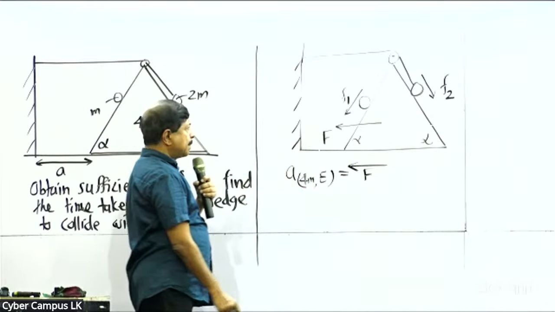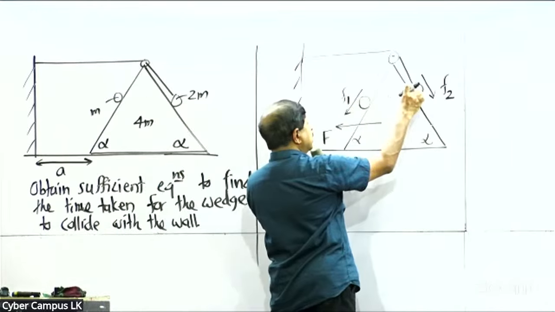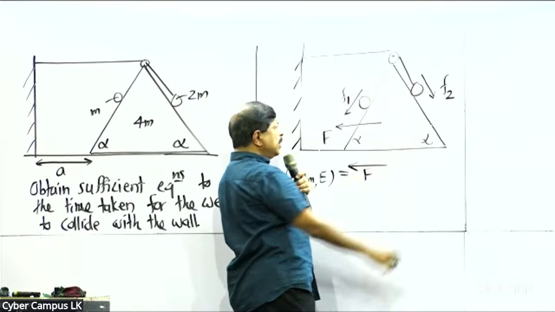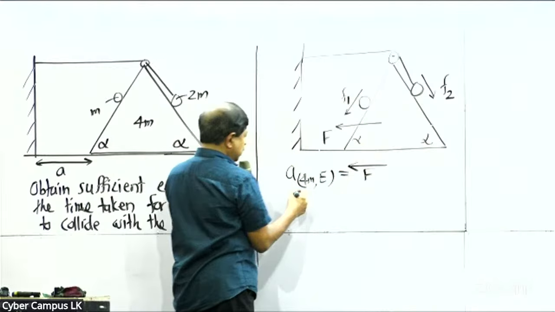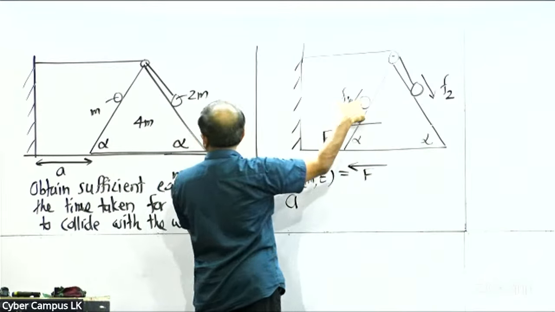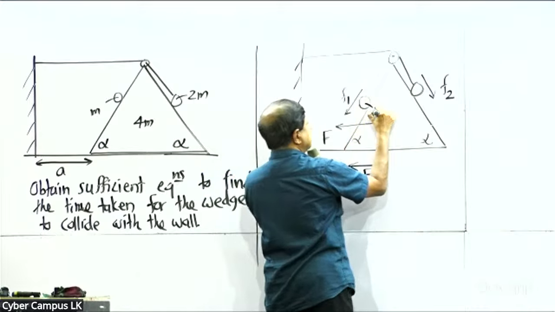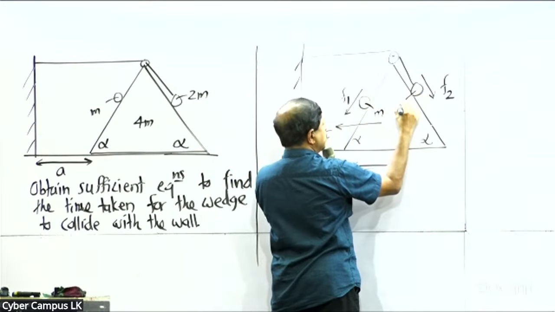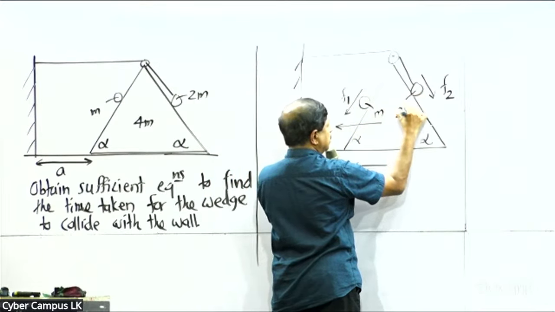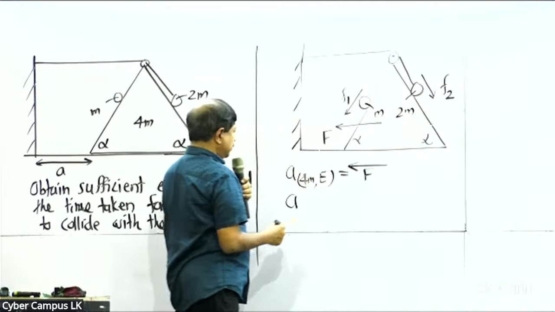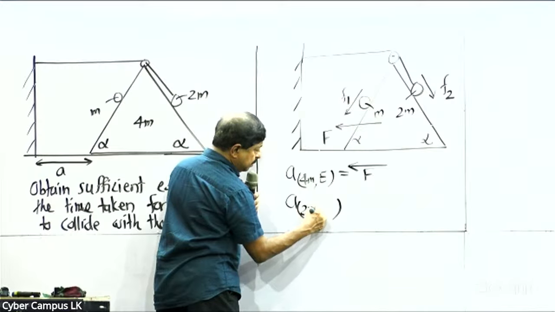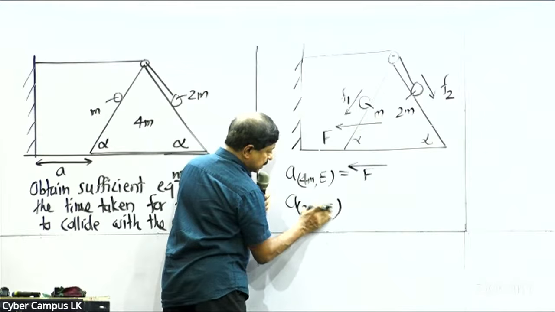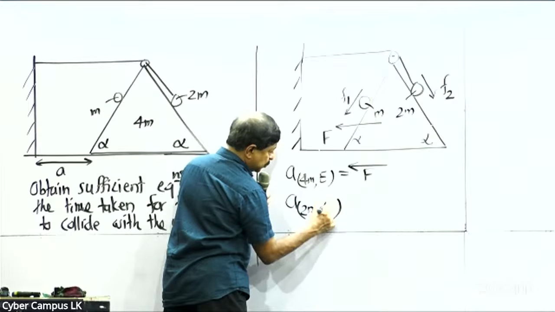It is this. Then these accelerations are related to this 4m, the wedge. Now this is the mass m, this is the mass 2m. So the acceleration of 2m is related not to the earth, but to 4m.